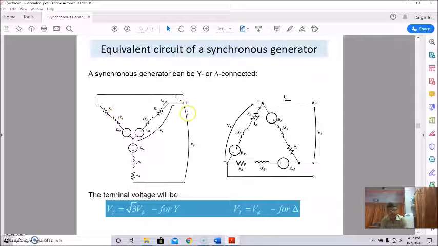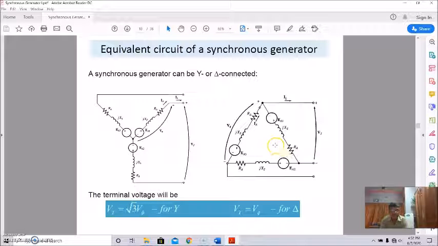This is the line current, which is the armature current. This is the phase voltage. But between these two phases, the terminal voltage is the line voltage. So in that case, the terminal voltage is √3 times the phase voltage. This is for star connection.